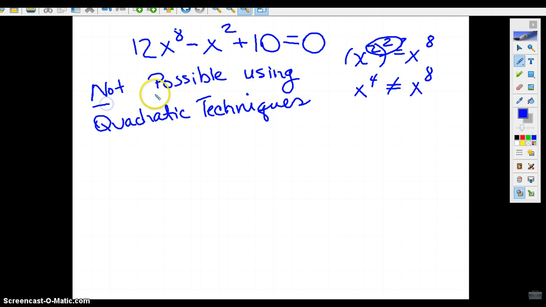And I usually abbreviate that using the first letters of each word. So N, P, U, Q, T, or Naputa. Not possible using quadratic techniques. And that's all you have to say for now. We'll be able to solve it by the end of the year, but not quite right now. Okay? Let's try another.